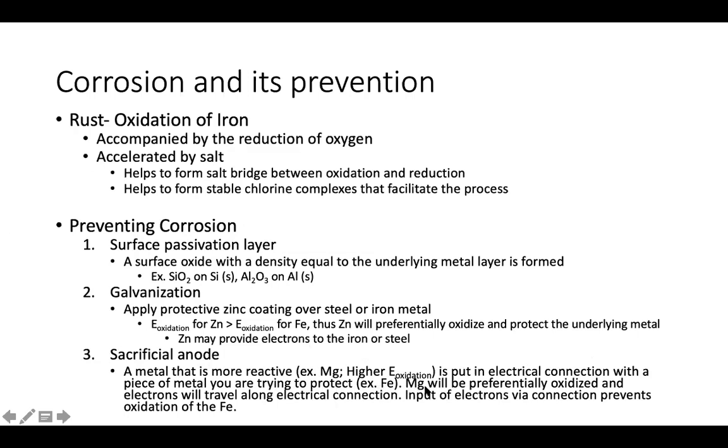This magnesium will preferentially and purposefully become oxidized. While magnesium gets oxidized, the electrons will transfer along the electrical connection, and that input of electrons will prevent the iron from getting oxidized.